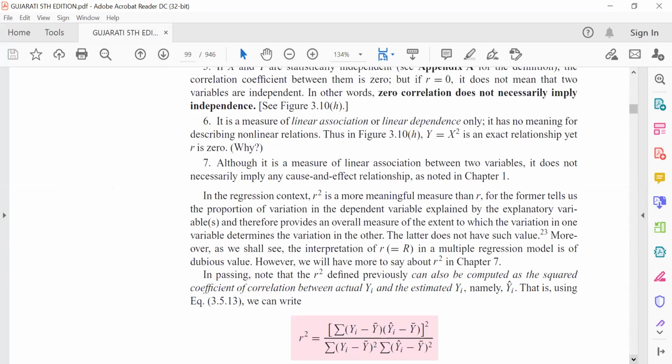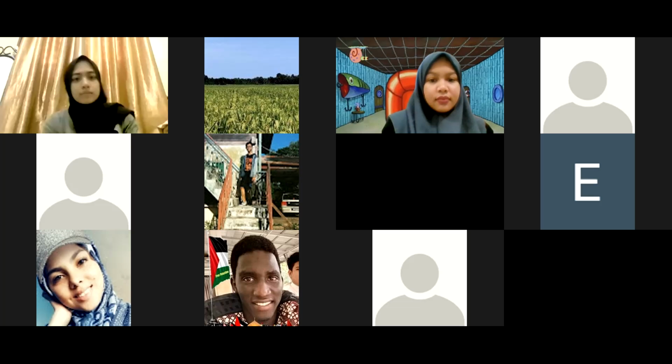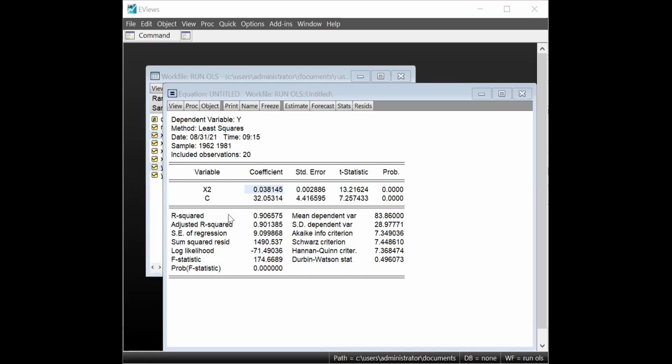Okay, here I will show you these estimated results. Here. Okay, this one RSS, residual sum of square. Sum of square residual is 1, sum of square residual. Okay. Here we have coefficient of determination 0.9.